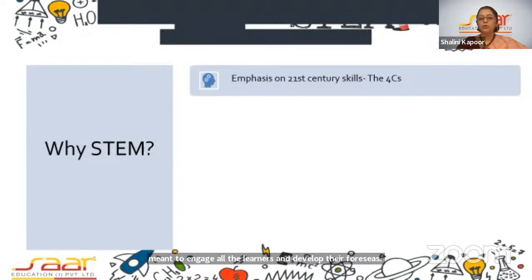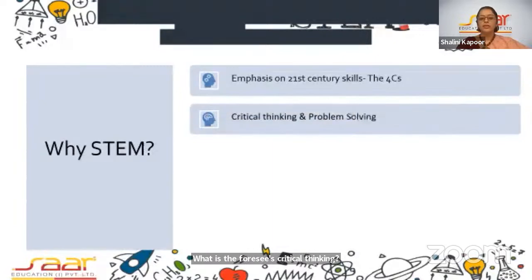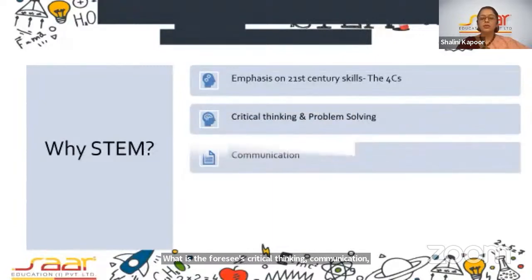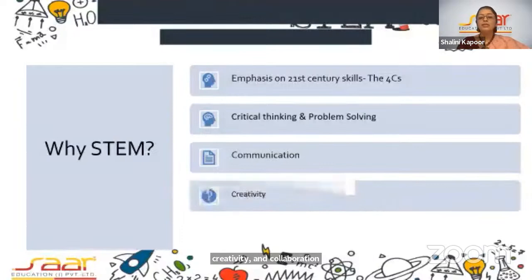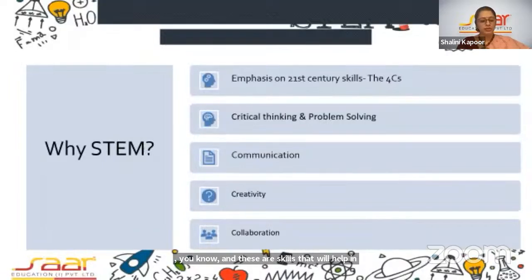What are the 4Cs? Critical thinking, communication, creativity, and collaboration. Critical thinking is the analysis of an issue. It is the inference of a data, analyzing how to overcome a challenge, and these are skills that will help in problem solving for all students.